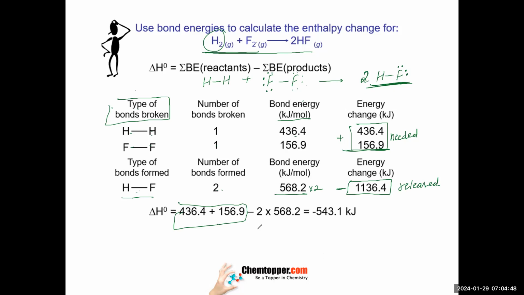Needed is plus, and released is minus, because there is a minus here. This is delta H of the reaction, delta H naught reaction. So what equation have I used? Summation of bond enthalpies of the reactants minus summation of bond enthalpies of the products. I used this equation. Is it okay, children?